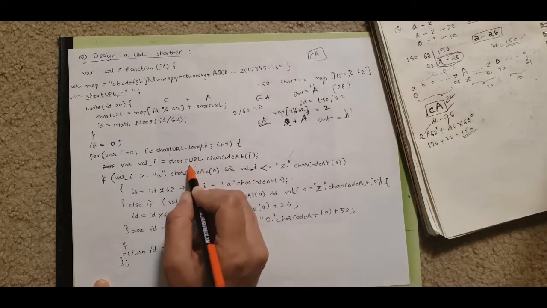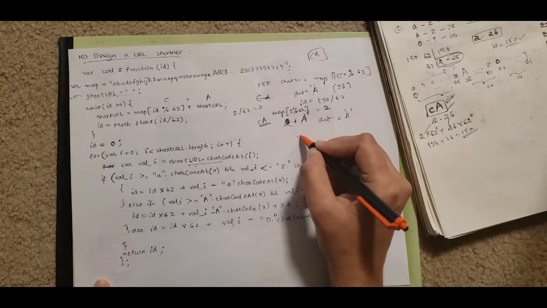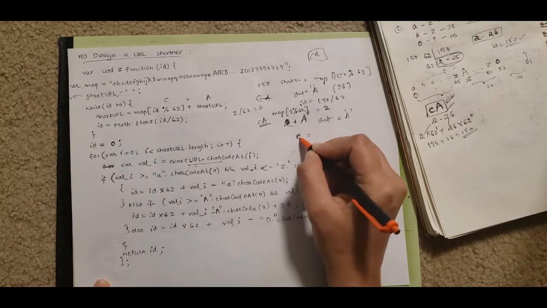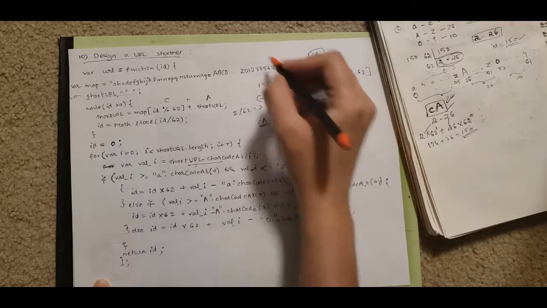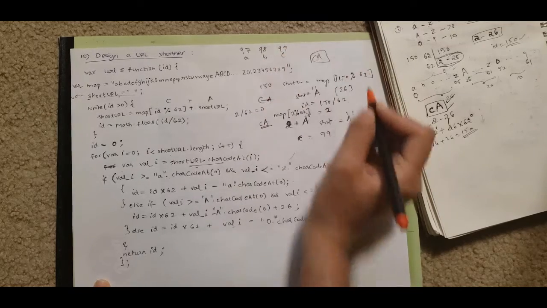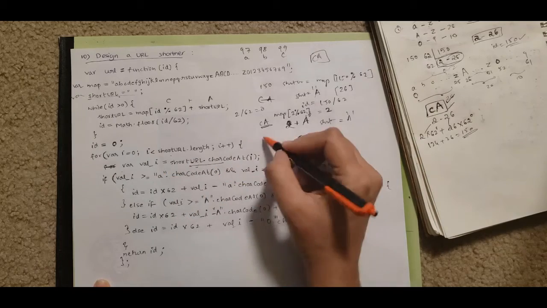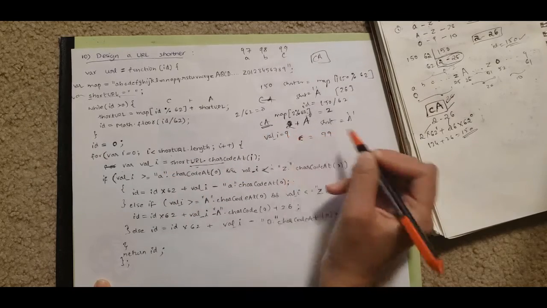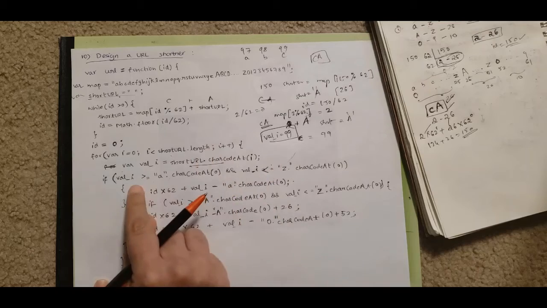Next, we take this string, loop through it, and first find the ASCII value of c. Small c's ASCII value is 99. So 97 is small a, 98 is small b, 99 is small c. So value i will be 99.